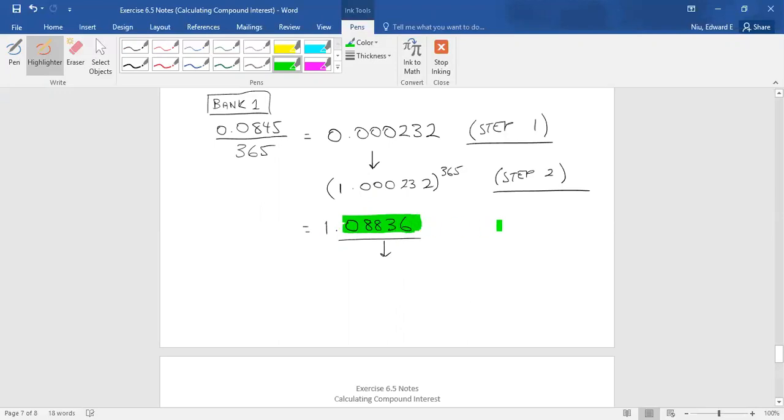We just look at the part beyond the decimal, 0.08836, which is 8.836%. If you're not sure, just times this green part by 100, and you'll get 8.836%. Okay, so this is step 3.